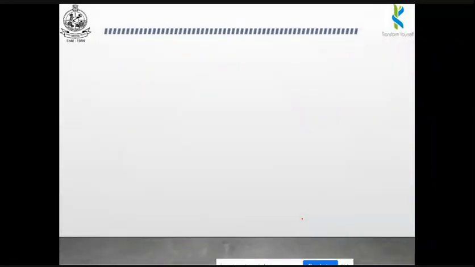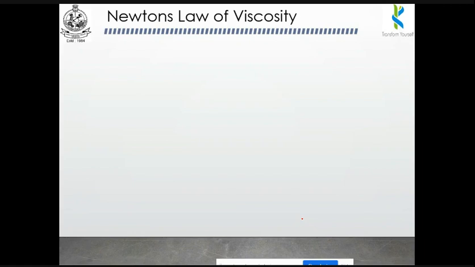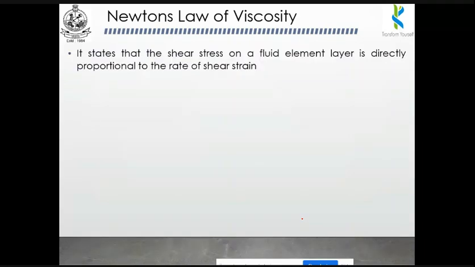My next topic is also related to viscosity. Here we are going to discuss Newton's law of viscosity. Viscosity is a constant that is used to remove the proportionality between shear stress and shear strain. Sorry, it is not shear force, it is shear stress.